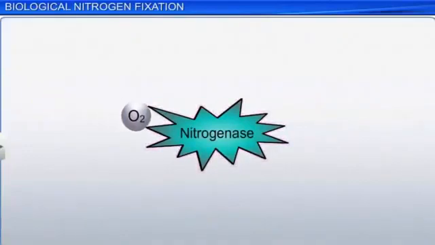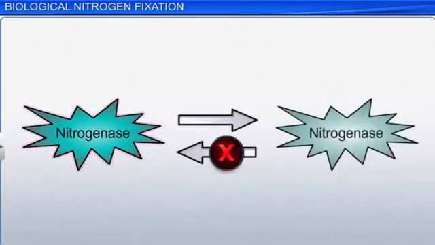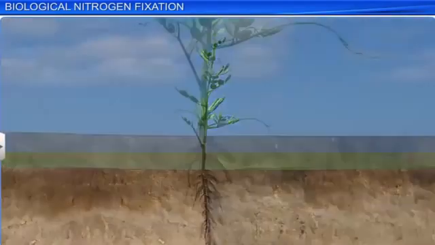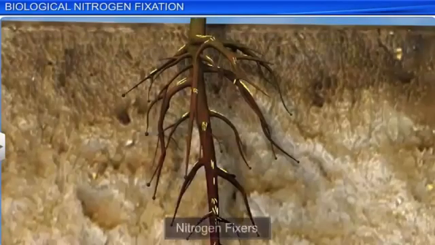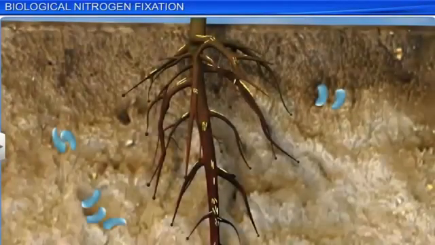Nitrogenase is sensitive to oxygen. Even low concentrations of oxygen can make it irreversibly inactive. Microbes that possess this enzyme are called nitrogen fixers. Nitrogen fixers live independently or as symbionts.